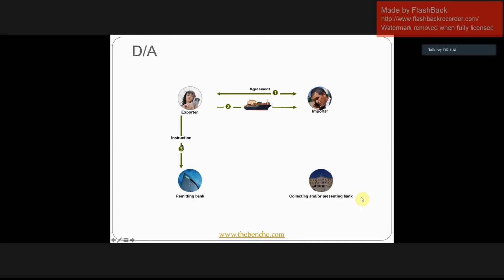Now, step number 3: the exporter sends documents and BE to the remitting bank. Okay, so now the exporter really wants to have payment immediately, just after submitting the documents to the remitting bank. Suppose that the remitting bank agrees.